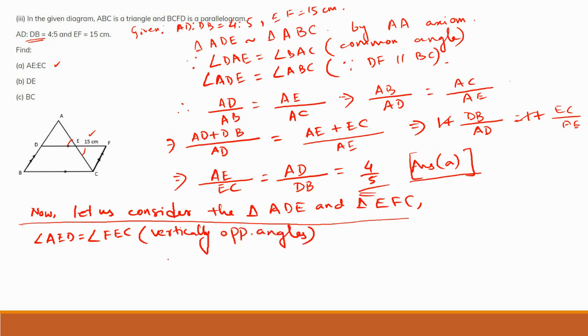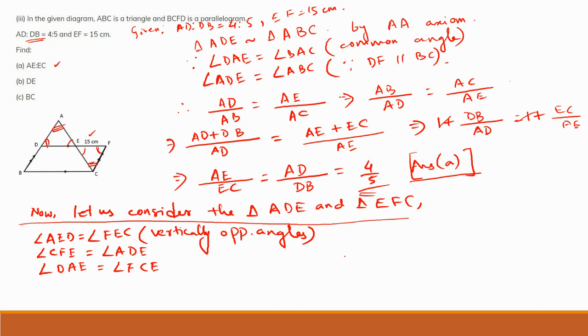And you see, if these two are parallel to each other, then this one will be equal to this one, these two will be equal, and these three will be equal, right? Also angle CFE will be equal to angle ADE, and angle DAE will be equal to angle FCE, right?